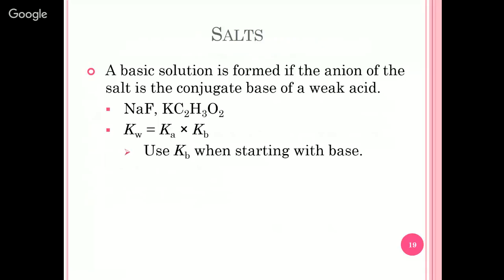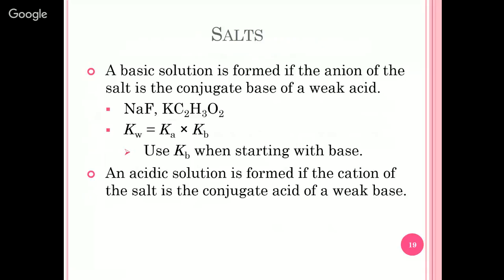We can use the information that Kw equals Ka times Kb. We have HF, which is how this started out, as hydrofluoric acid, and we will use the Ka value for HF to solve for the Kb. Then it's an equilibrium expression, ICE table, solve for OH-, calculate pOH, find your pH.